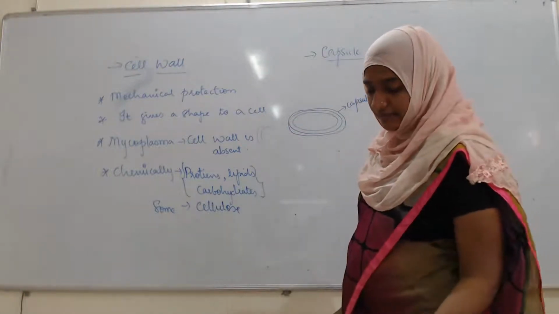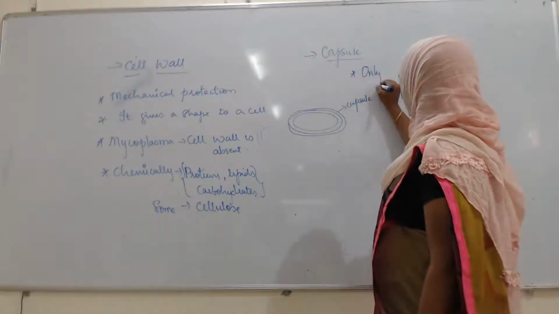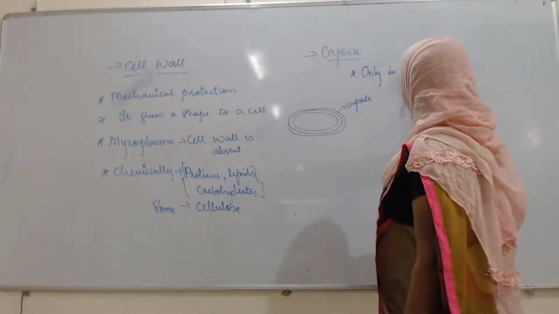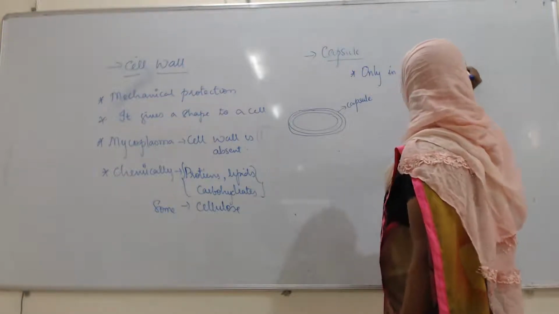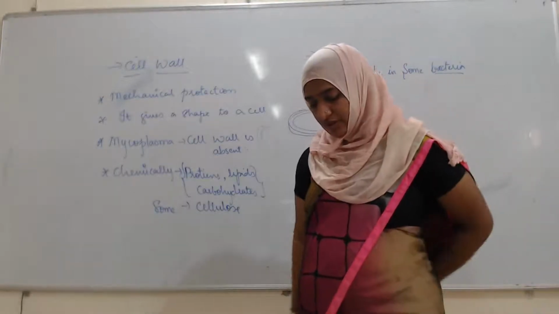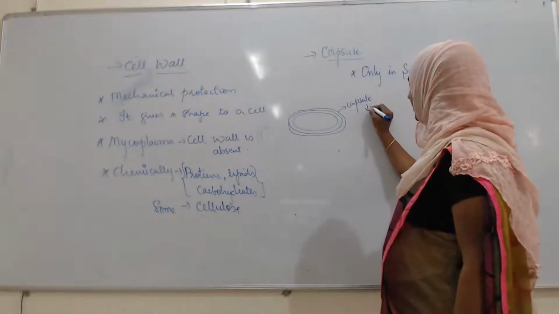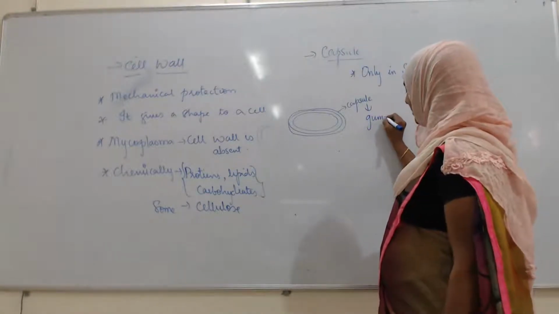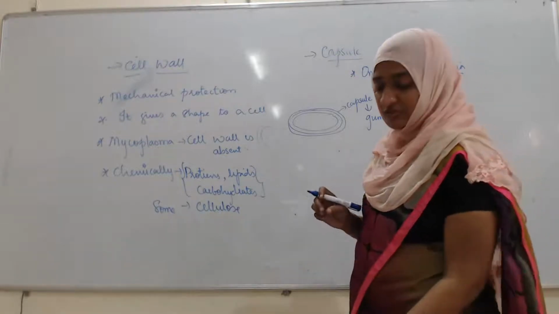Okay, see here, only in some bacteria you will find a capsule, not in all prokaryotes. This capsule is made up of a gummy or jelly-like substance, which we can call the gummy substance.